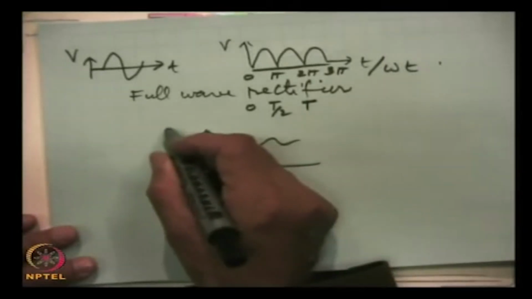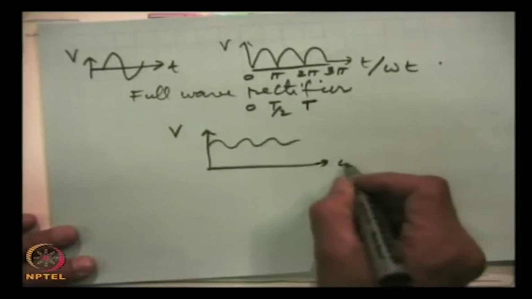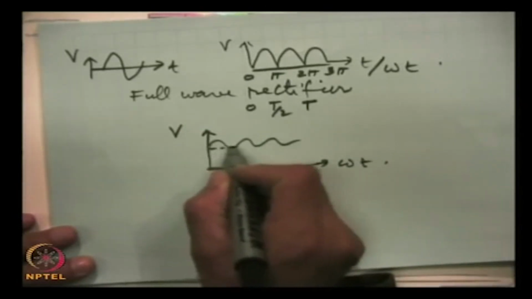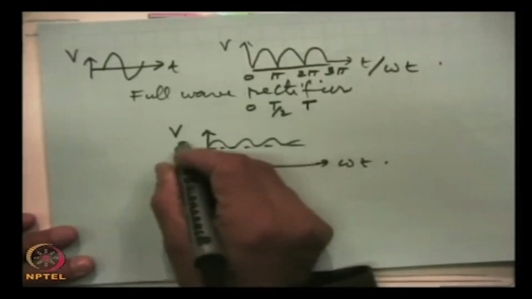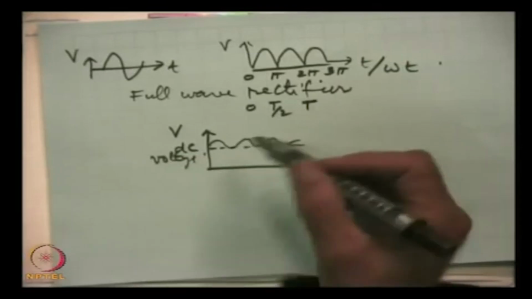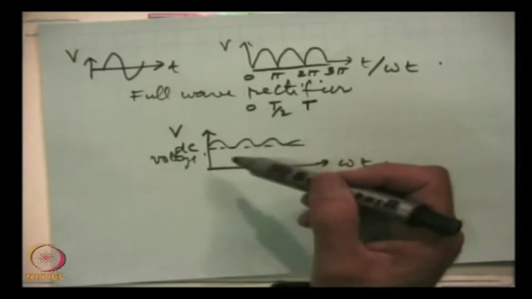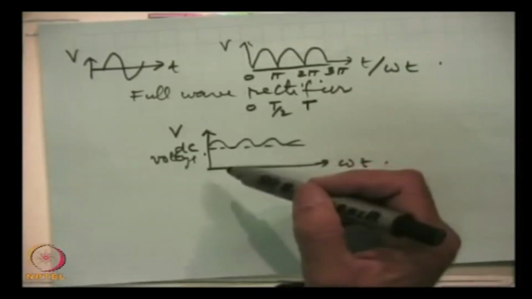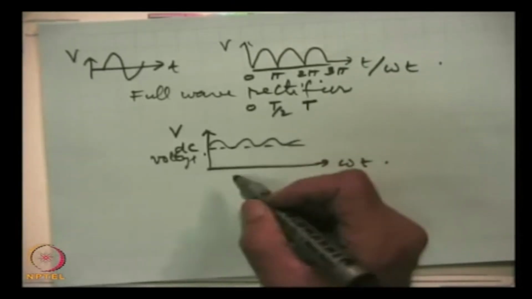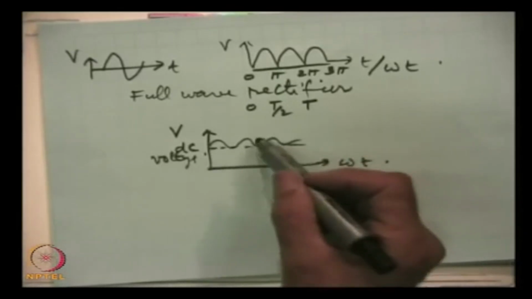This is the equivalent voltage as a function of omega t, and there is a DC voltage here, and the ratio of this AC by DC is known as the extent of rectification. And there is a ripple factor. So, this is the ripple factor.